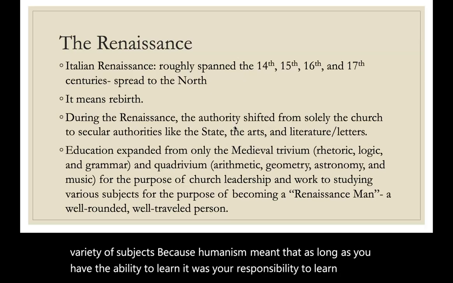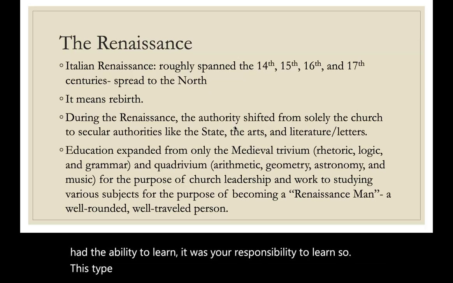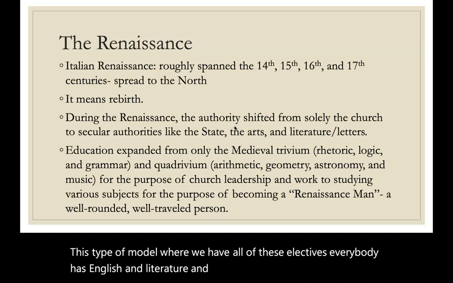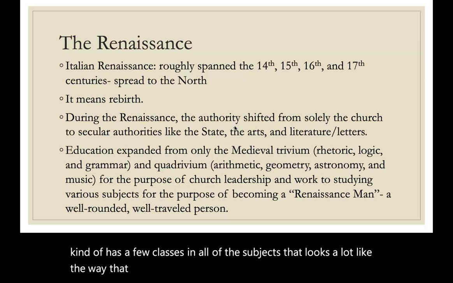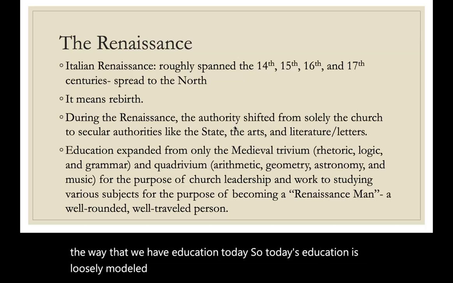So this type of model where we have all of these electives, everybody has English and literature and history and math, and everybody kind of has a few classes in all of the subjects, looks a lot like the way that we have education today. So today's education is loosely modeled from the English Renaissance aspect of education.